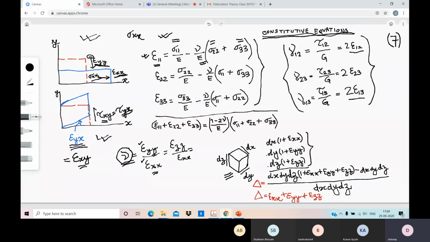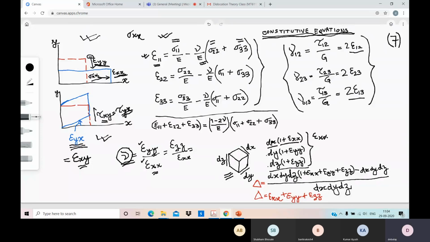Initially along the x direction, its length was dx. Now that length will increase or decrease to dx into 1 plus epsilon xx, if there is a small amount of strain along the x direction.